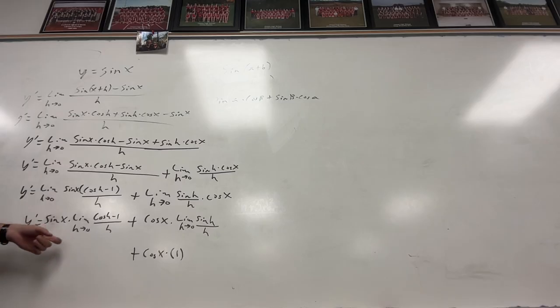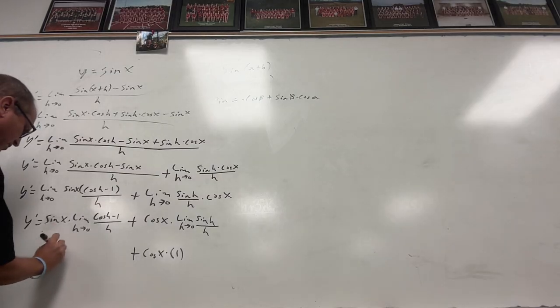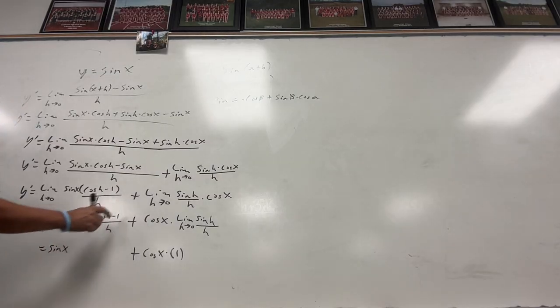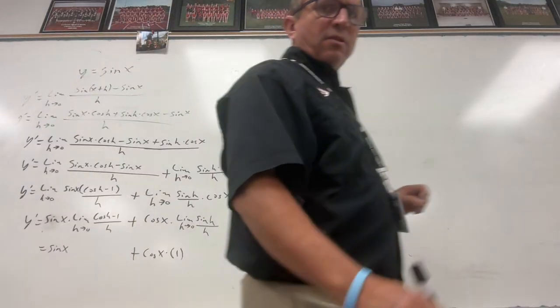Now, we talked about this, but we didn't actually show the squeeze theorem for this. But do you remember what the limit as h approaches 0 of cosine of h minus 1 over h was? If you have to flip back in your notes, you can do that.